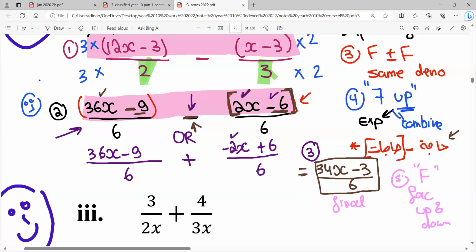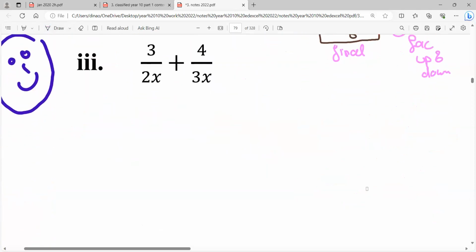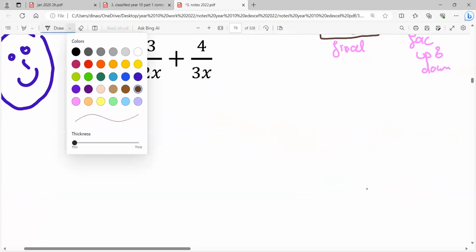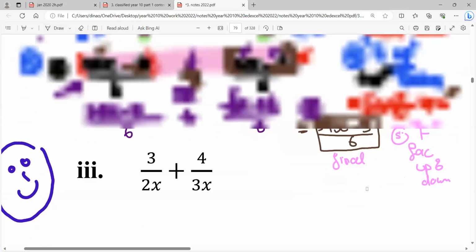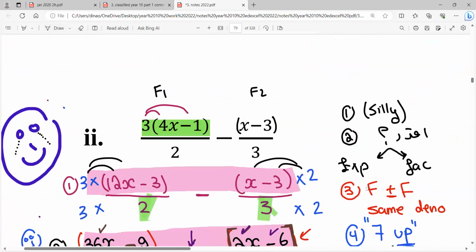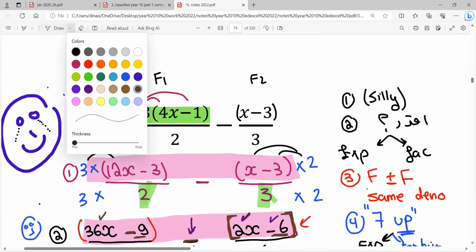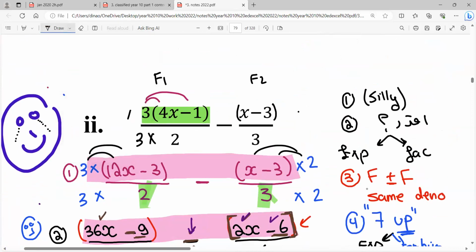That's it, we are done. Let's continue with the numerical questions. These can be solved in two ways, and I will solve them both ways. There is something else I wanted to say: in this question, question double I, there is another method of solving. Sometimes some students start with the same denominator step first. So what happens here is this becomes 9 and then they expand. If you do it this way, of course it will be correct.